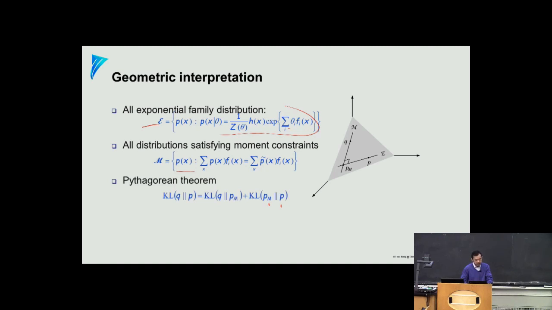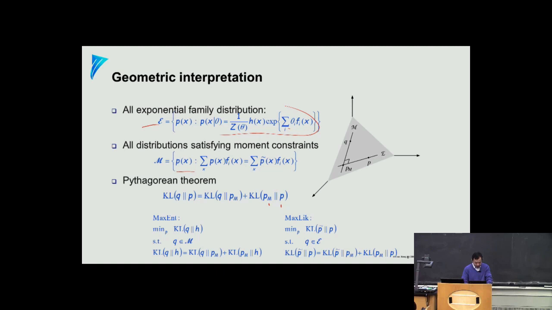And interestingly, there is another Pythagorean-like theorem in information geometry, which can be expressed like this. This is not the general geometry Pythagorean theorem, but the information geometry Pythagorean theorem. And you can easily show the equivalence of the two estimation approaches and prove this identity, which I'm not going to spend too much time on.